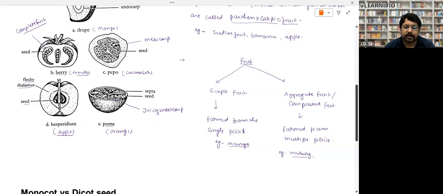Custard apple. In custard apple, every small part is a single fruit, right? They are called compound fruit. Tell me if you have any doubt in any point. Pomegranate is a compound fruit. Every small red colored seed is a fruit. That is compound.